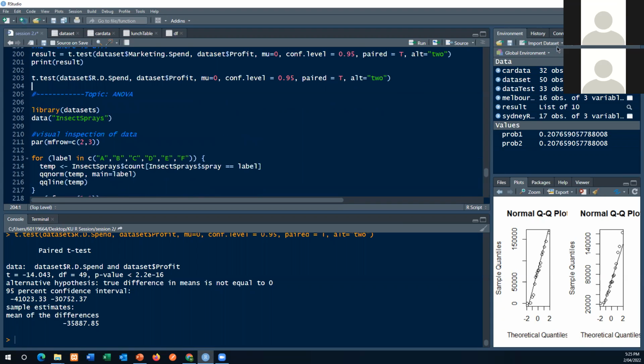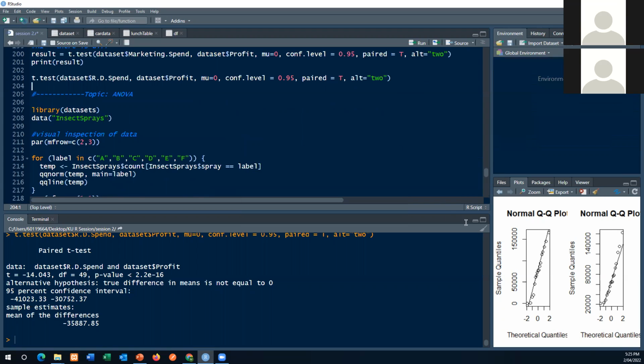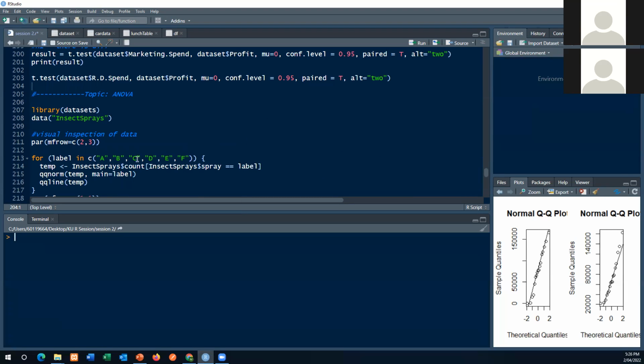First, let's get ourselves familiar with a new data set, because it's not only 2 types of categories. There are 1, 2, 3, 4, 5, 6 types. This data set comes from the library datasets. When you install R, it comes by default with this data set.